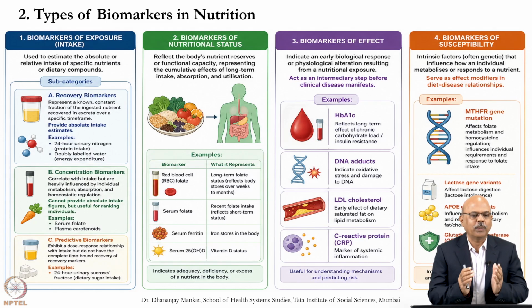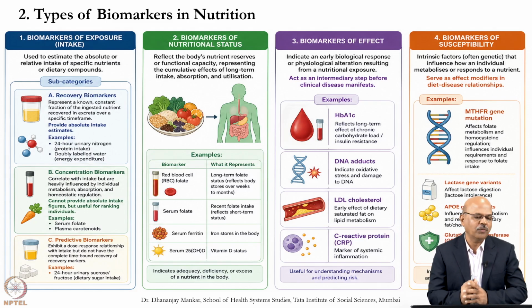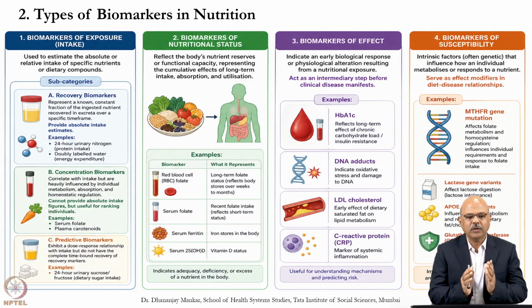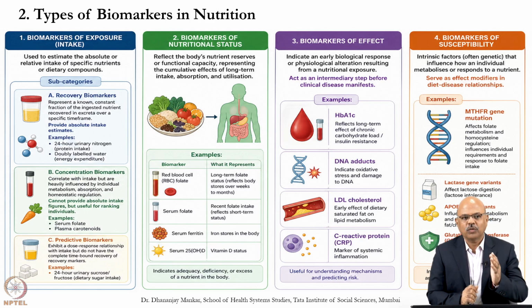Then come predictive biomarkers, which exhibit a dose-response relationship with intake but do not have complete time-bound recovery of markers. Example: 24-hour urinary sucrose or fructose for dietary sugar intake. So biomarkers of exposure estimate the absolute or relative intake of specific nutrients or dietary compounds.